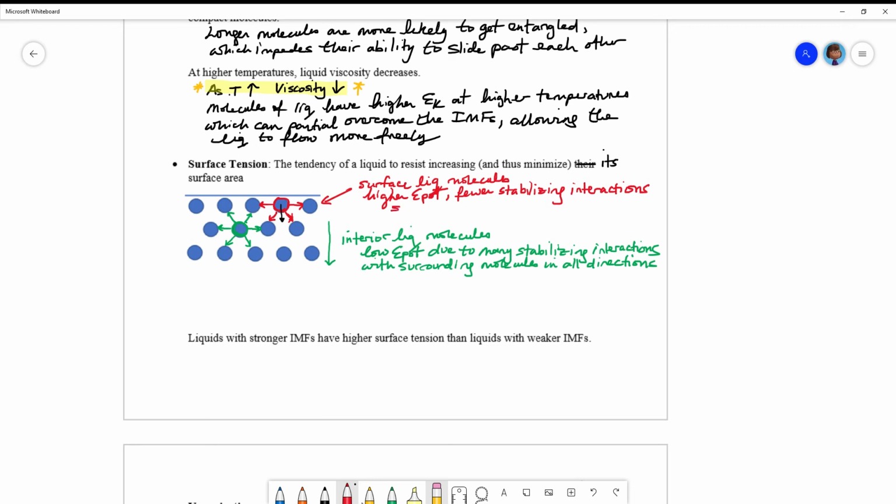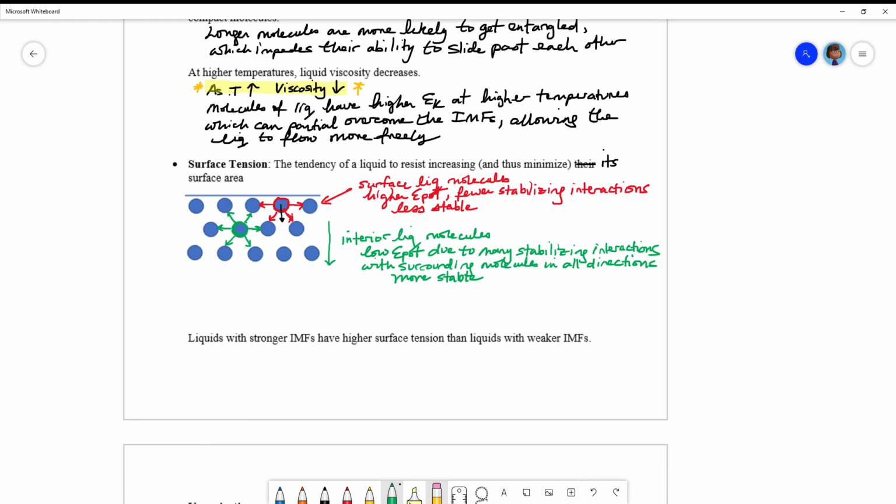In other words, we could simply say that our surface liquid molecules are ultimately a bit less stable than our interior liquid molecules, which are clearly more stable down here. Now, liquid molecules are in constant motion, so they're not locked into fixed positions.